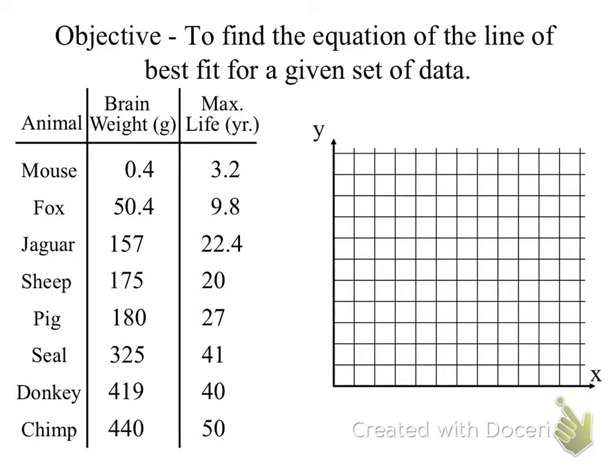In this case, we're going to call the y lifespan, and the x would have to do with brain weight. You'll notice I don't have to have the same increments down here as I have here, because this represents brain weight, and this represents lifespan.